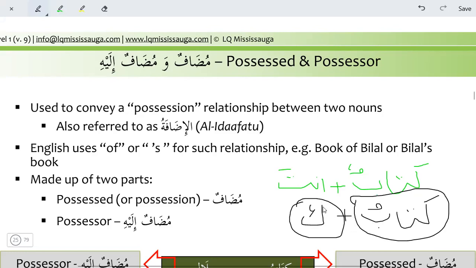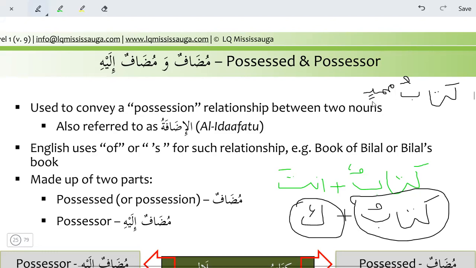Kitabuhu, his book. Then kitabu is mudaf, and who will be mudaf ilay? Kitabu Muhammadin, a simple example I give you. Muhammad's book. Book is being possessed, so book is a mudaf. Muhammad is the possessor of the book, so Muhammad is mudaf ilay.